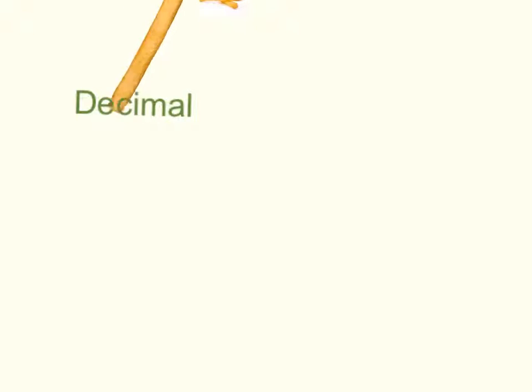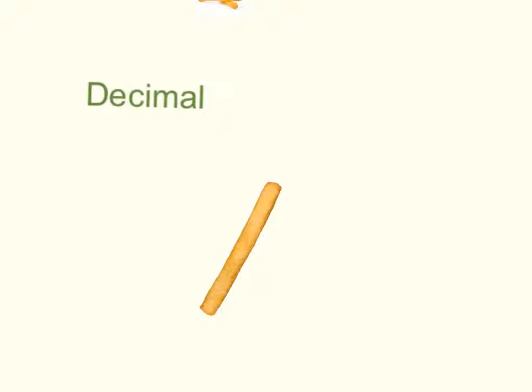Now, do you remember our French fries? Do you remember that this right here is a whole French fry? Let me make it big so you can tell. Yep, that's our whole French fry. And then do you remember that if we wanted to cut this French fry into tiny pieces, if you're working with decimals, you always have to cut it into 10 bits at a time.